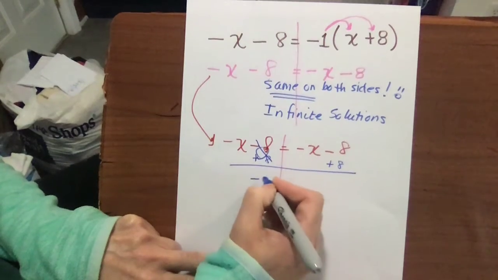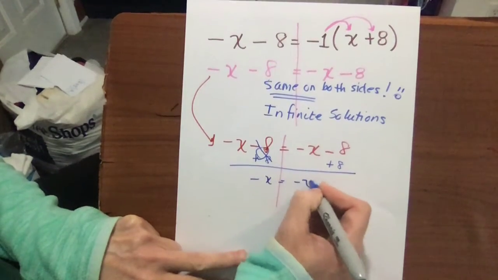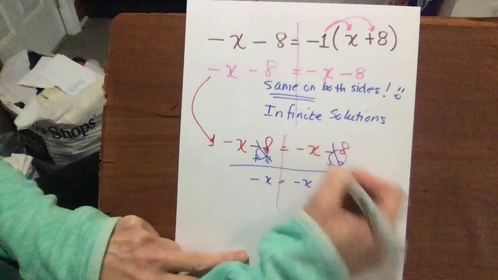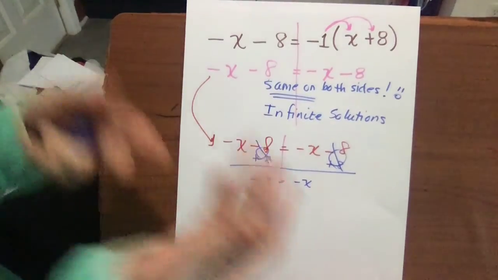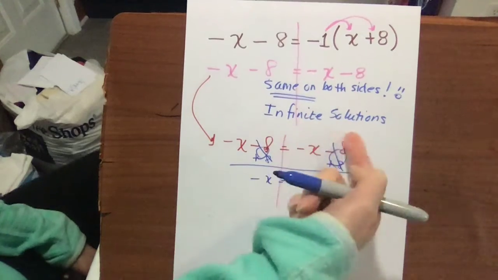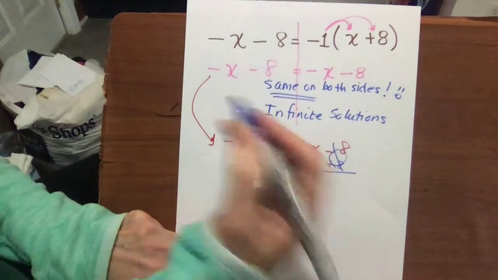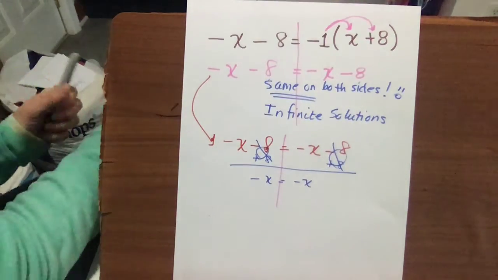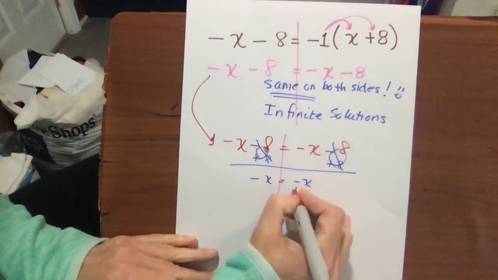That comes to 0. We get negative x equals negative x, and that's a 0 there too, so that's what we have left. Say we don't see that it's still the same on both sides, and we go through the motions and say, all right, I've got to get those variables on the other side. Let's get those x's over.